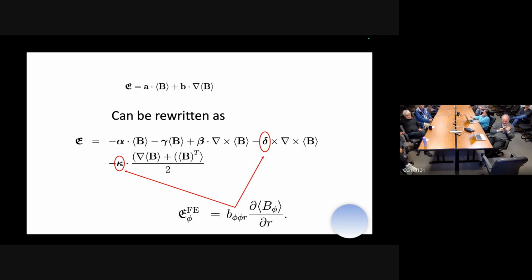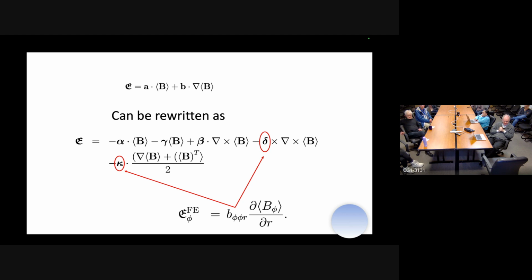Kappa is usually less spoken about because you can give a nice, simple physical interpretation to the alpha, to the gamma, to the beta. So the beta is a diffusivity, the gamma is a pumping velocity, the alpha is the generation of poloidal field due to forcing convective motions.